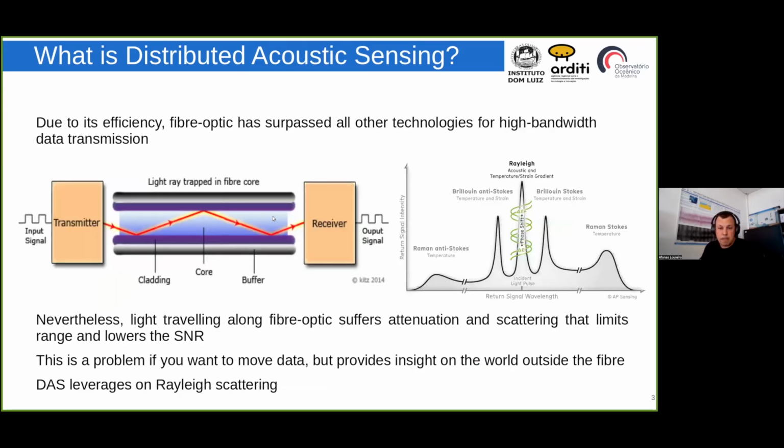So, in a nutshell, fiber optics is now the commonest way to transmit information from one side of the world to the other because it's very cheap and it suffers fewer problems than copper cables and has higher bandwidth.